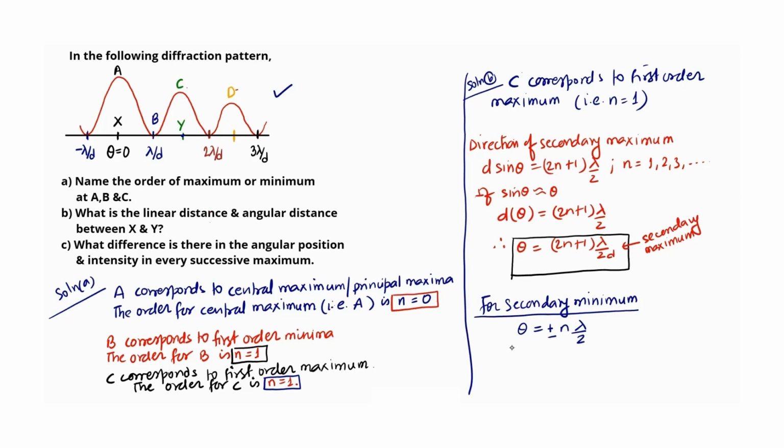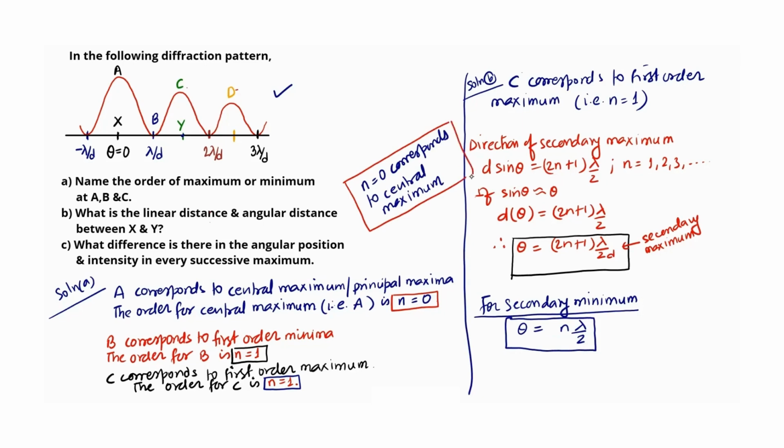So we have this relation, and we need to note one thing. n equals 0 corresponds to central maximum. So this is a very important concept.